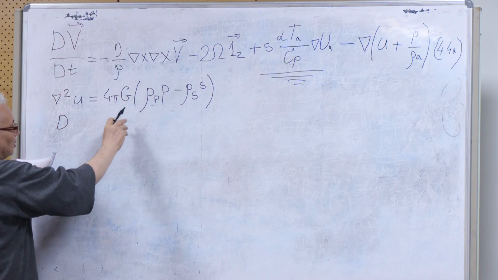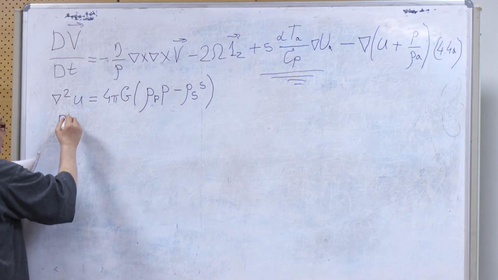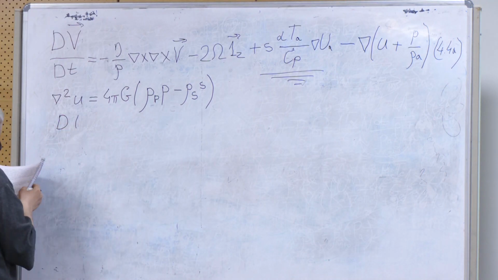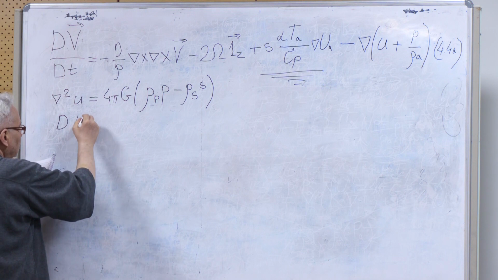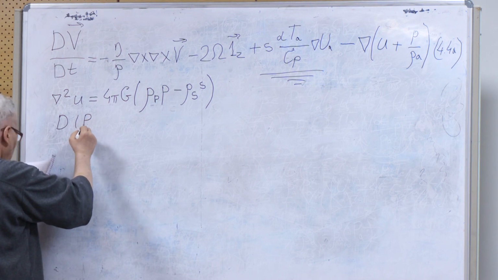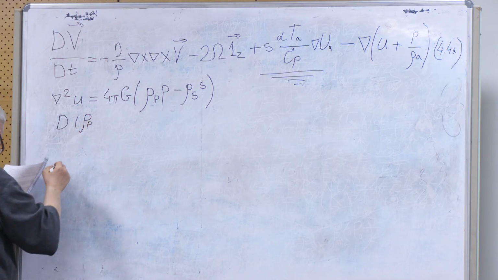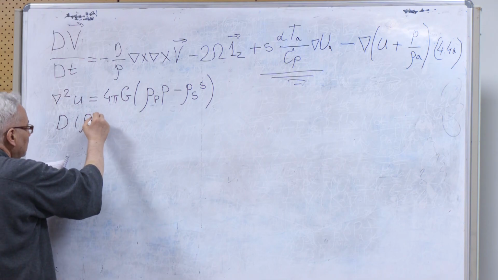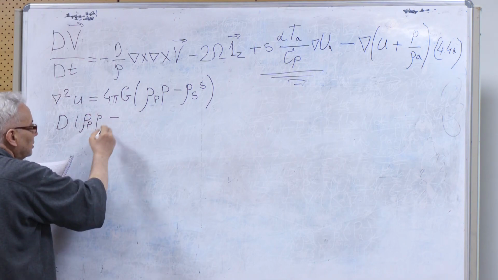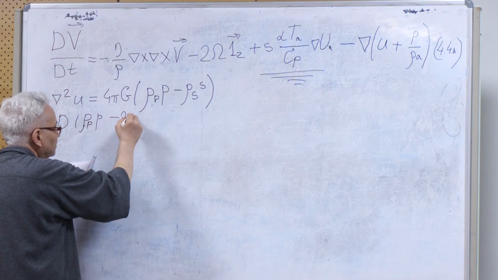We can use again these brackets. We just take derivatives of again rho p, exactly the same, minus rho s.